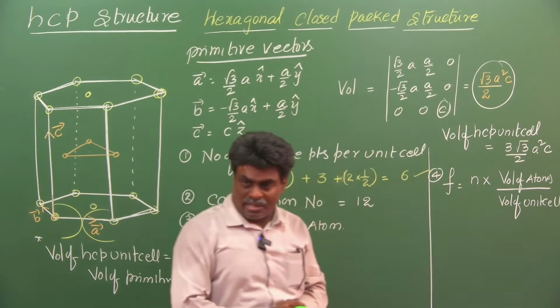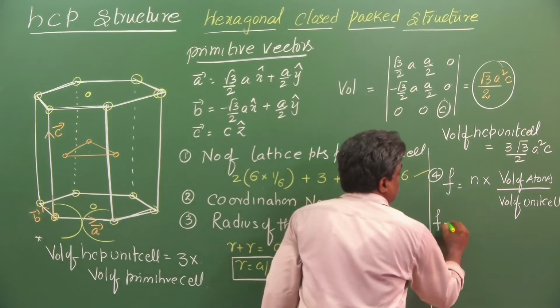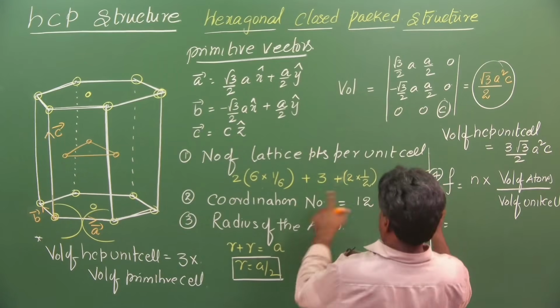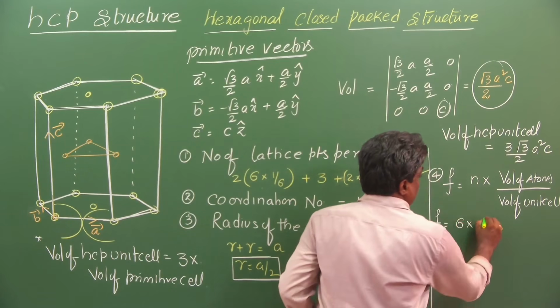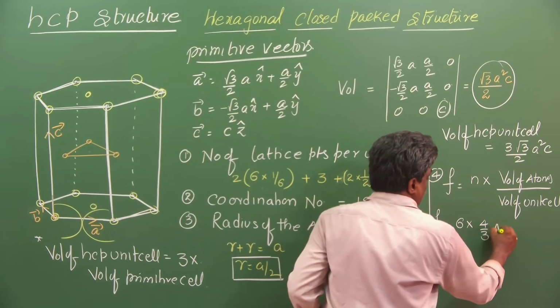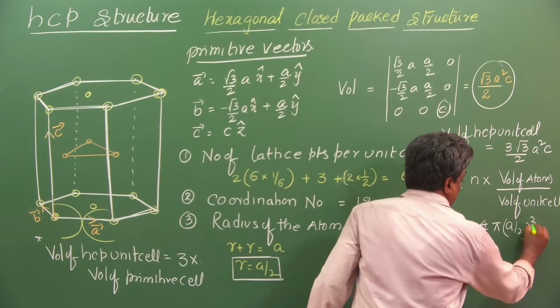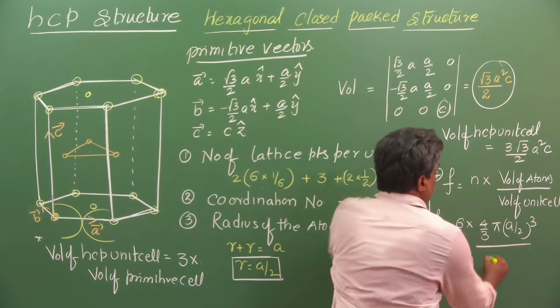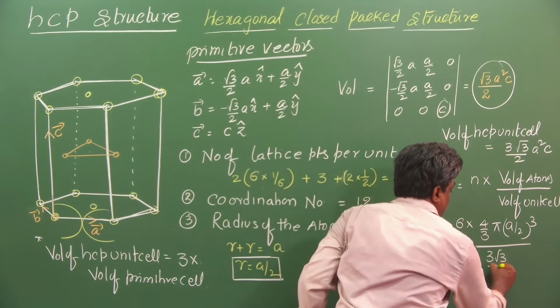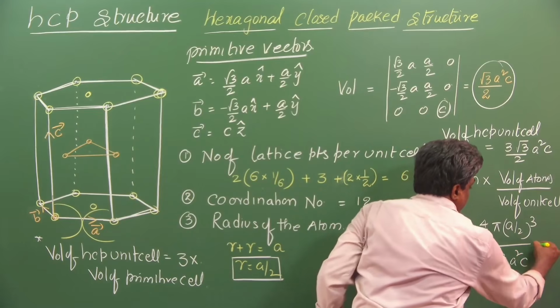N we already got as 6, into volume of the atoms 4/3 pi (a by 2) whole cube, by volume of unit cell 3 root 3 by 2 a square c. Can you get it?